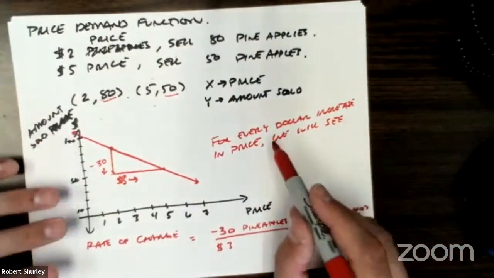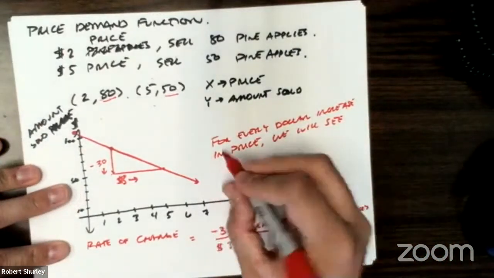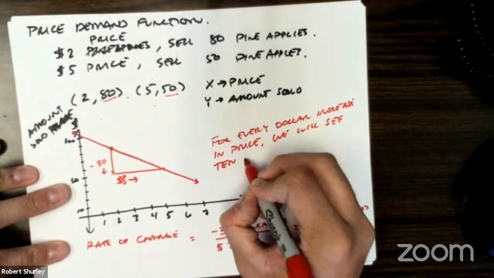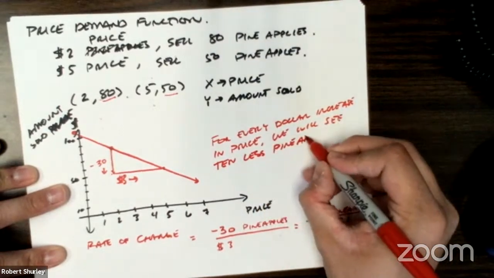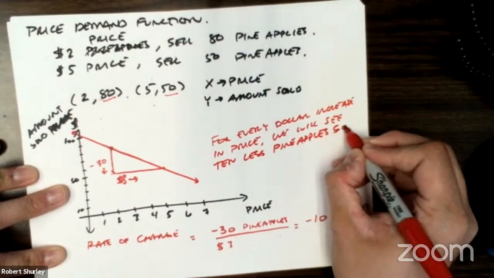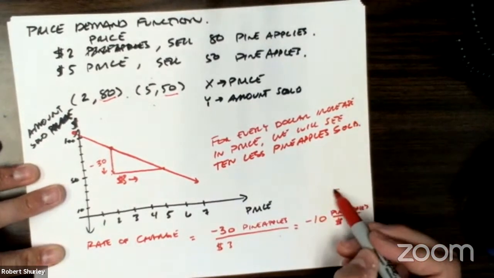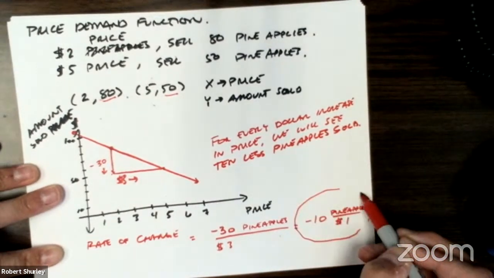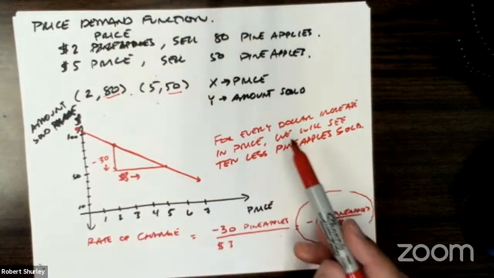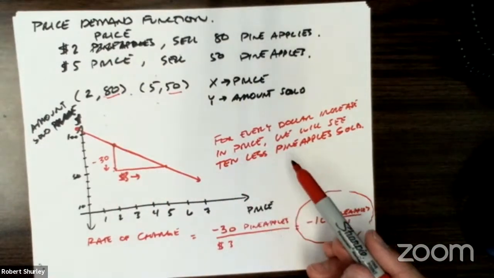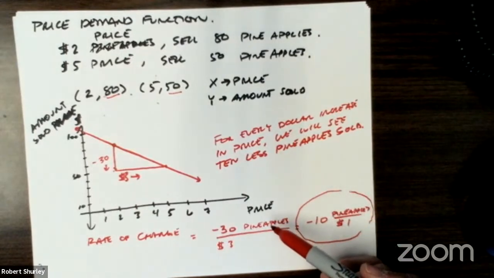But we will see, or we should see, 10 less pineapples sold. Okay, that's what this is telling us, which is kind of neat. So for every dollar increase, we should see 10 less pineapples sold.